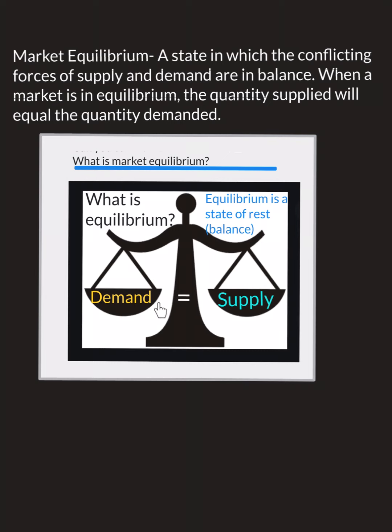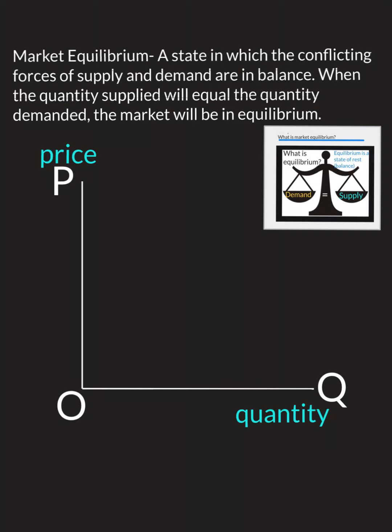Here the demand and supply are equal to each other, and at that point of equality, market equilibrium is established. Let us now illustrate market equilibrium with the help of a diagram.